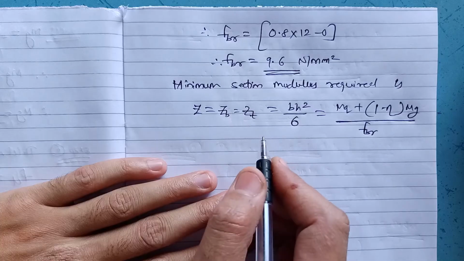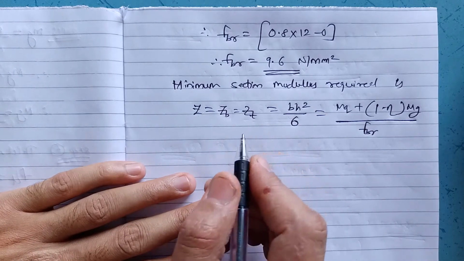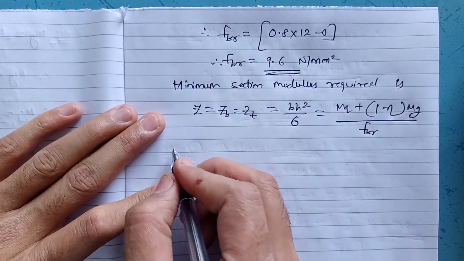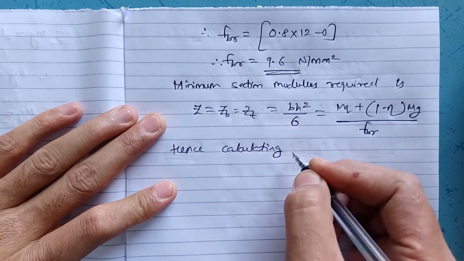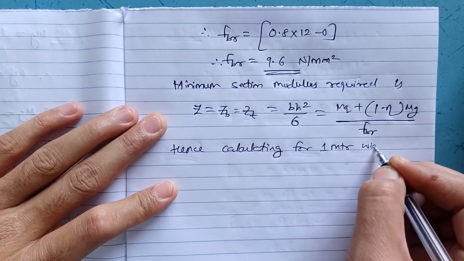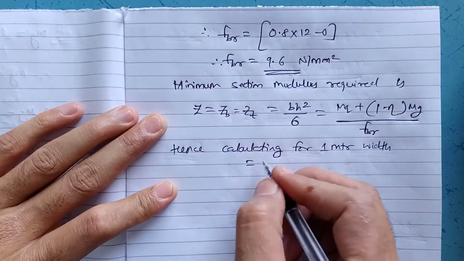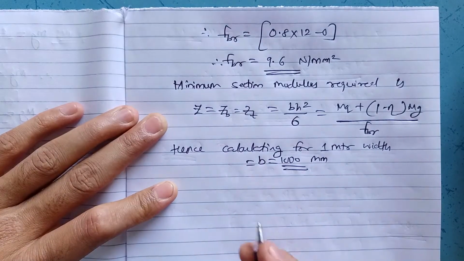Now you might be knowing we are designing the slab for unit width, that is width of 1 meter. Hence, calculating for 1 meter width, that is B equal to say 1000 mm.